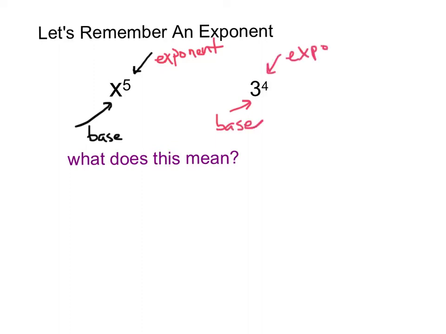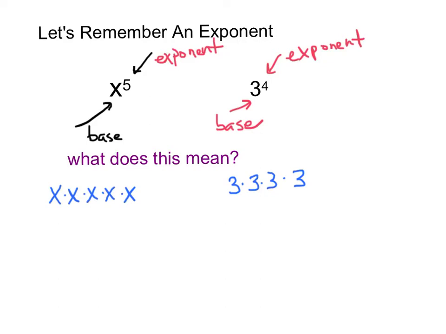Now if we remember what these exponents and powers really mean, the first example really tells us that this is x multiplied by itself 5 different times. And this one over here is 3 multiplied by itself a total of 4 times. And we can evaluate this if we can.